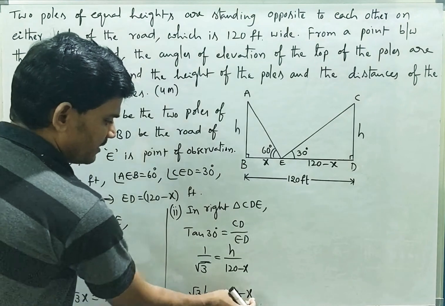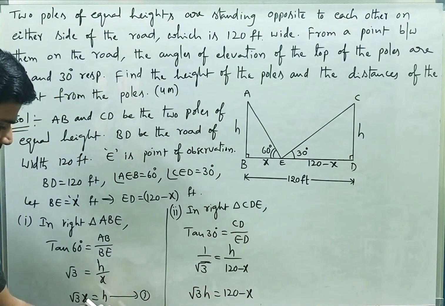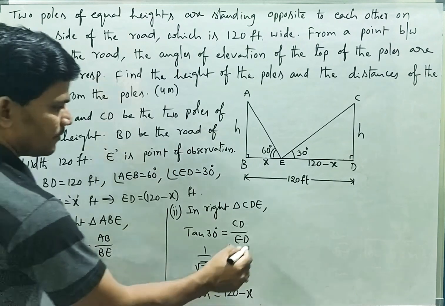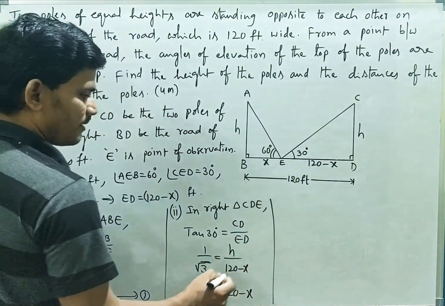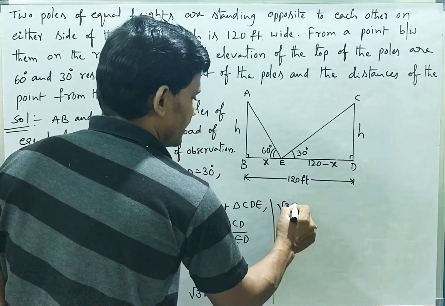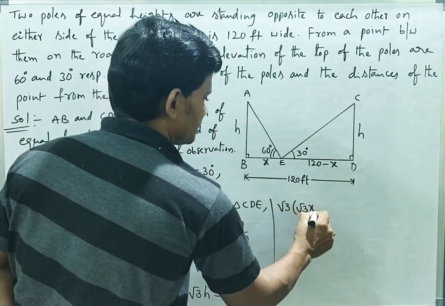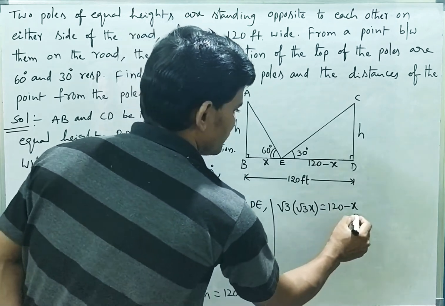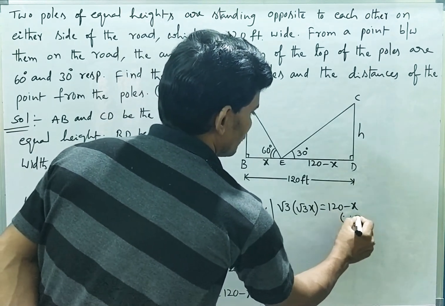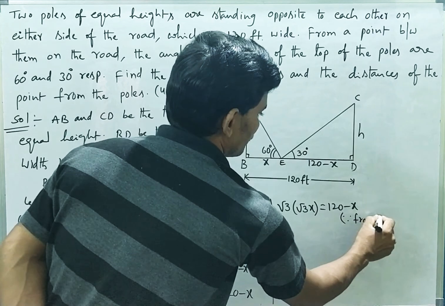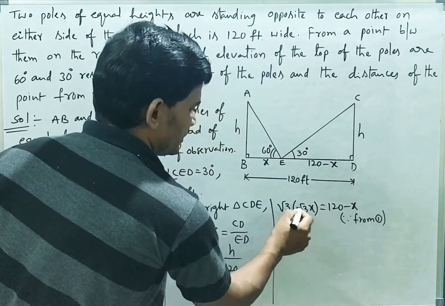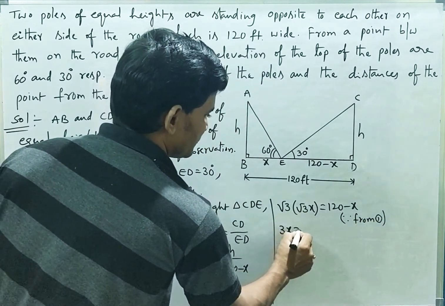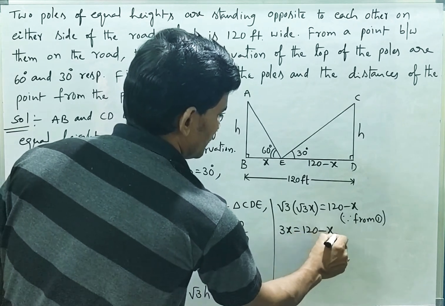Here we have to eliminate one of the variables. Let us see what is the value of h. h is equal to root 3 x. So from 1, root 3 times h means root 3 times root 3 x, so 3x is equal to 120 minus x.